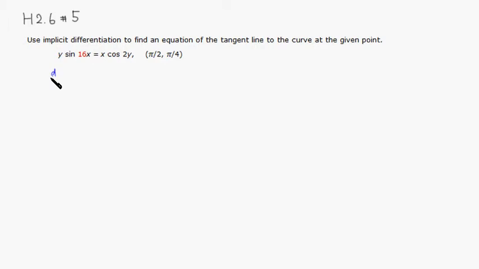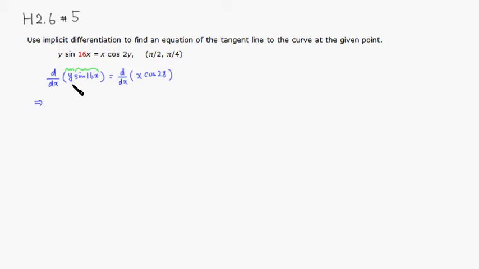So take the derivative with respect to x of y times sine of 16x, which is equal to the derivative with respect to x of x times cosine of 2y. There are two things multiplied together, y and the sine of 16x, so we're going to have to use the product rule.